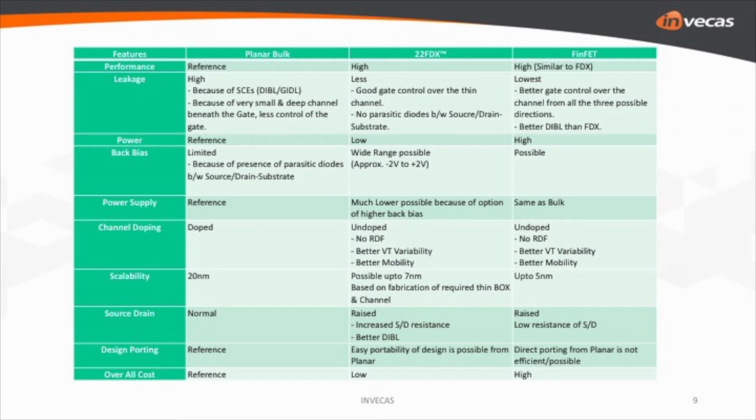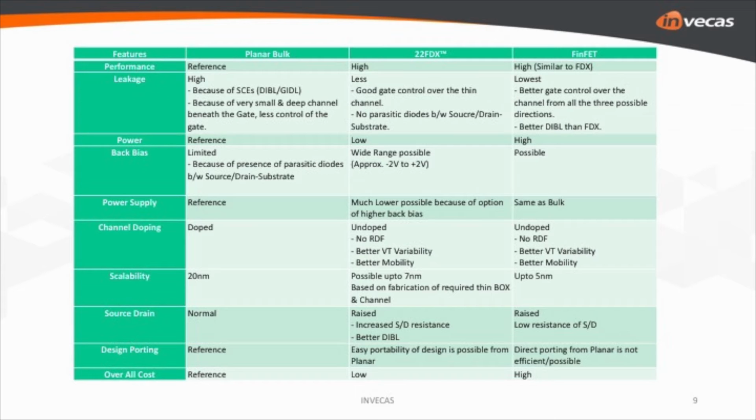Although there is a trade-off between both, we can certainly use the reverse body biasing and forward body biasing techniques to suit our requirement and make full utilization of the process option in terms of performance and low power.